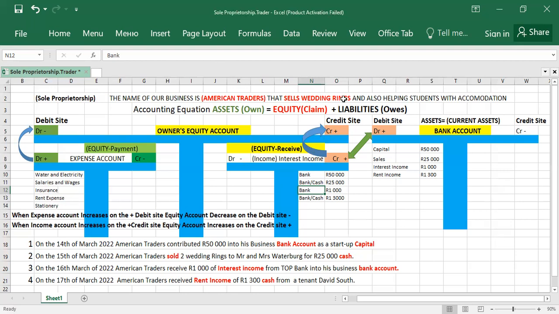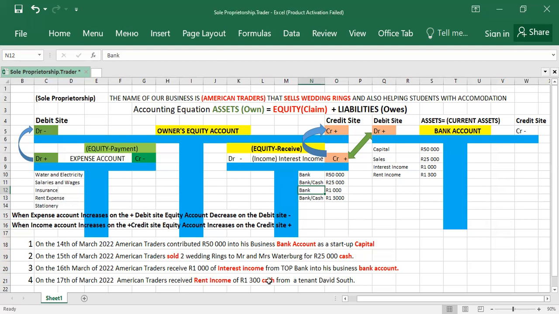Because remember, the first transaction of our business says American Traders is a business that is selling wedding rings and also helping students with accommodation. That's why the business is receiving rent income. Why? Because it is the business that is also helping students with accommodation.